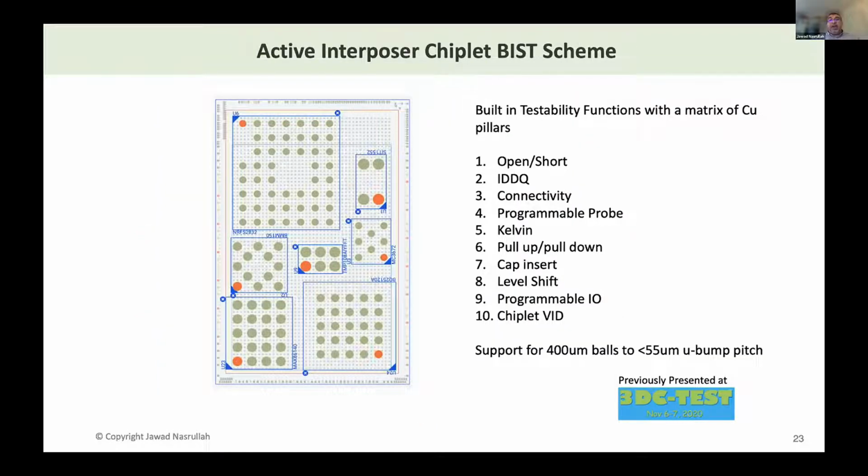So what we had done there for our built-in self-test, we did put open short testing type of things. We did have the ability to turn things on and off, so we can measure the minimum current, the IDDQs.